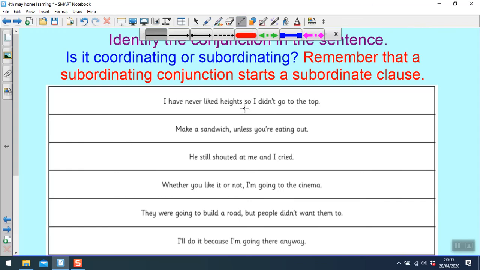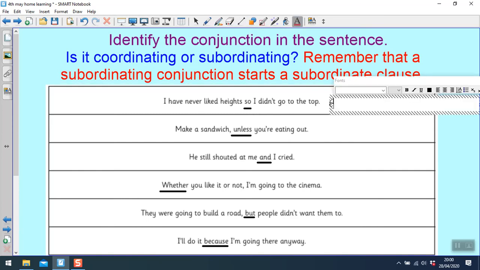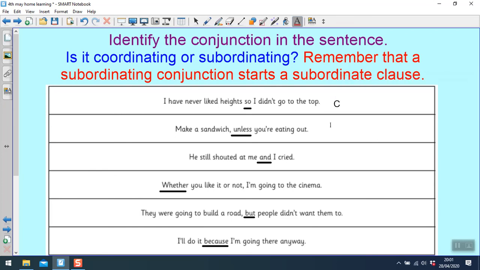Okay, so my conjunctions are so, unless, and, whether, but, because. If it's not FANBOYS, it's subordinating. So is in FANBOYS, so it's coordinating.